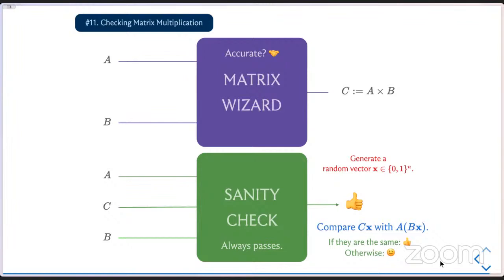X is arbitrary but fixed. Although I said X is generated randomly, we're making this huge assumption that C is equal to A times B. If that assumption holds, then for every X, Cx is equal to ABX, right? So in particular, for a randomly generated X also, it's equal.